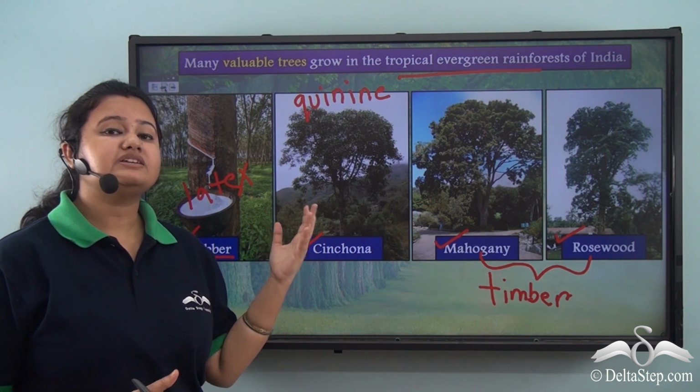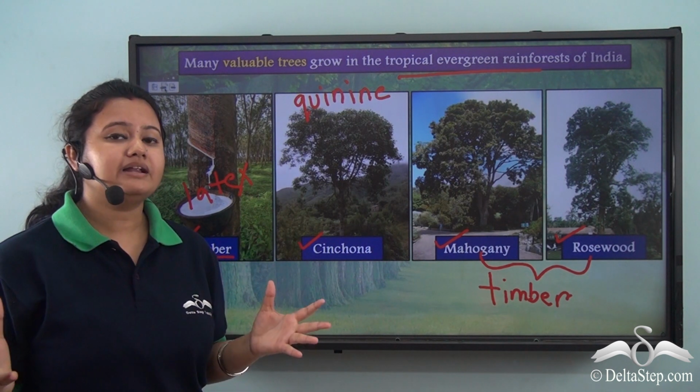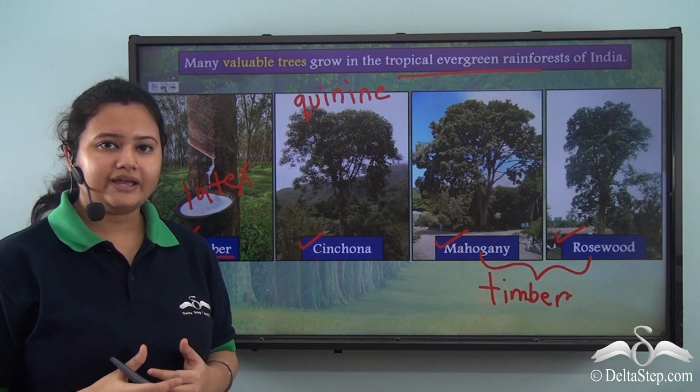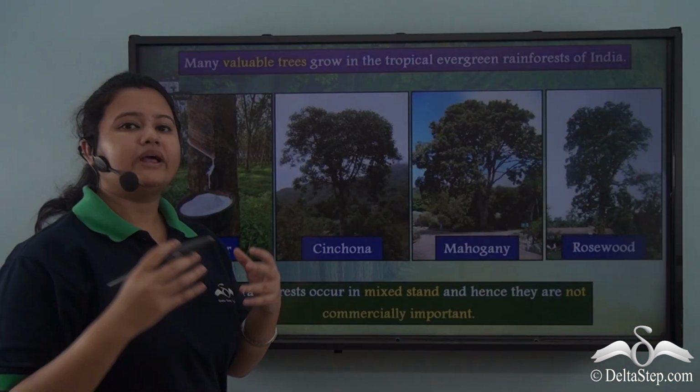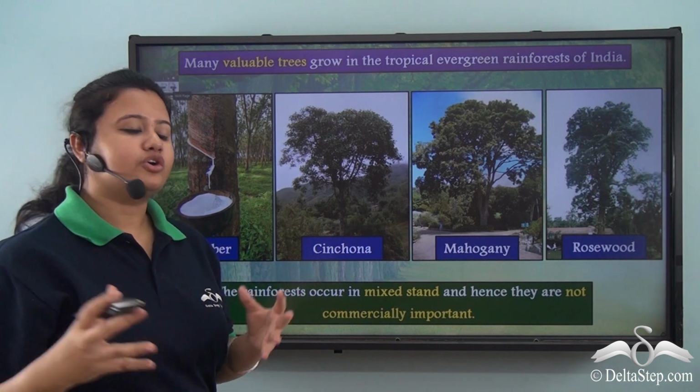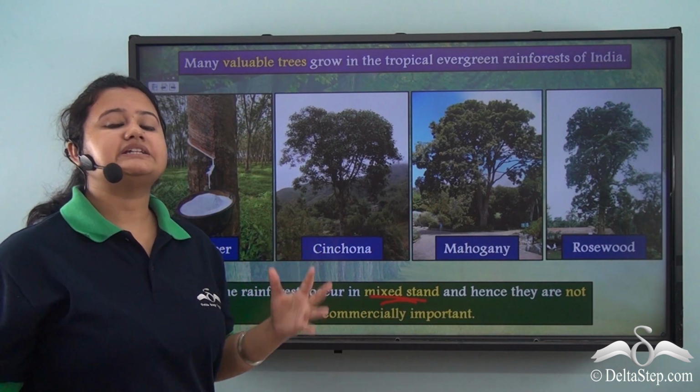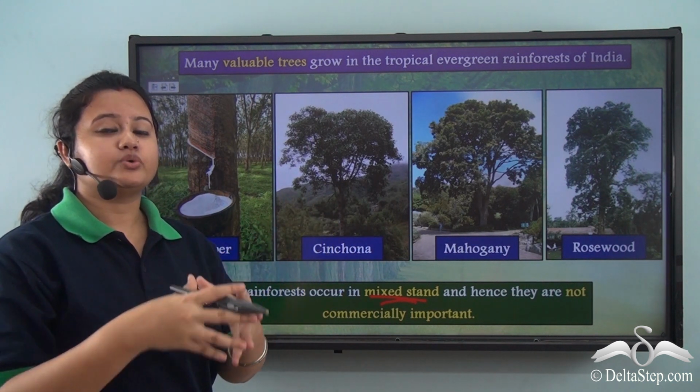Now, although these trees grow here in abundance, they cannot be obtained very easily. Do you know why? Well, this is because the trees grow in mixed stand. This means that different varieties of plant species grow together.